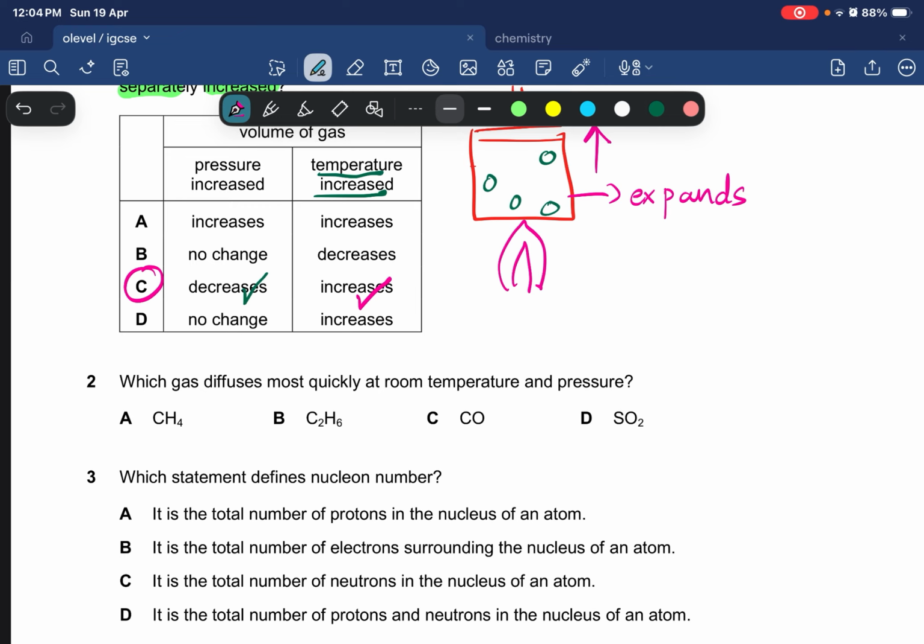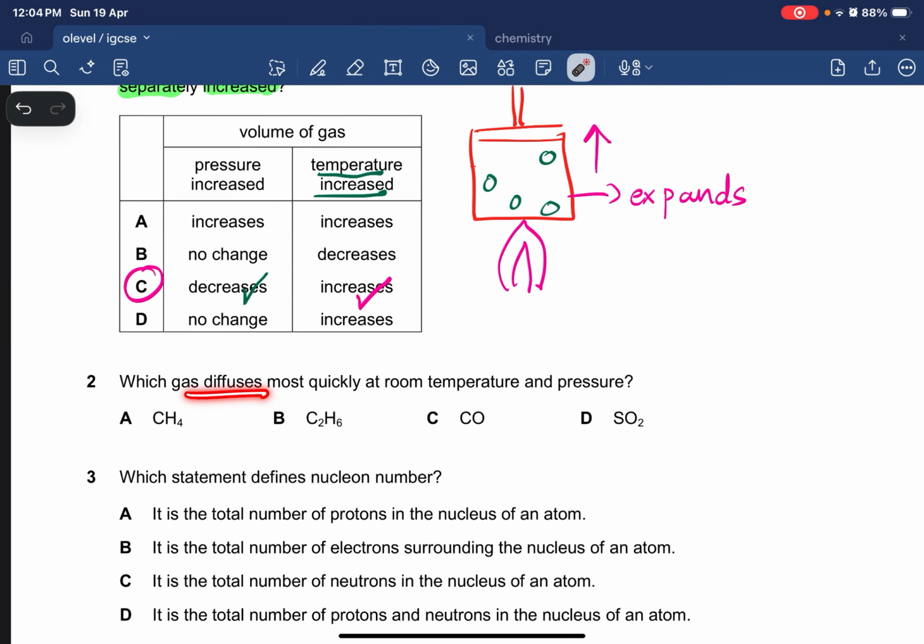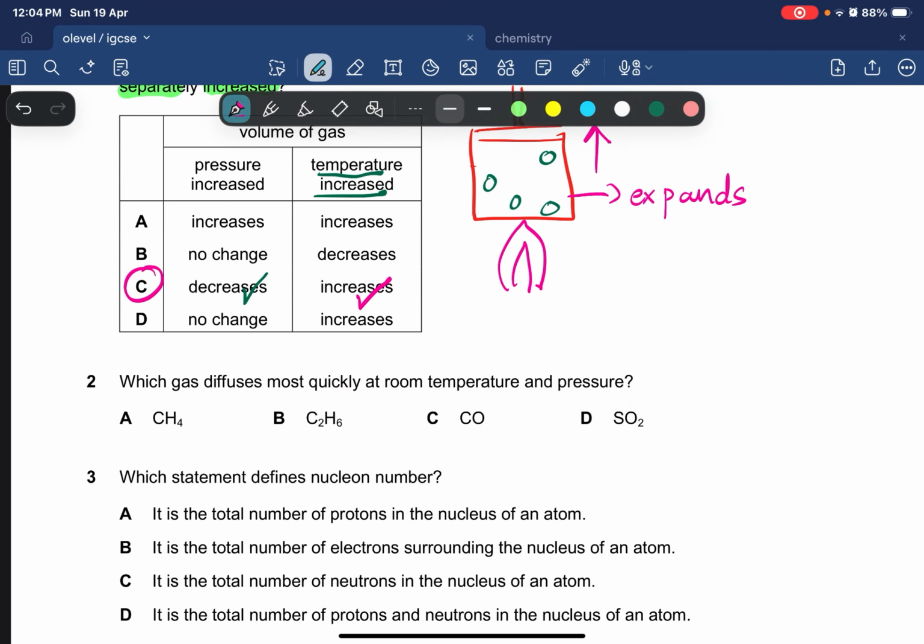Which gas diffuses most quickly at room temperature and pressure? Okay, so which gas is going to diffuse most quickly? Do you know that the rate of diffusion of gases depends on the Mr of gases? So if you have more Mr, you have greater diffusion or less diffusion?